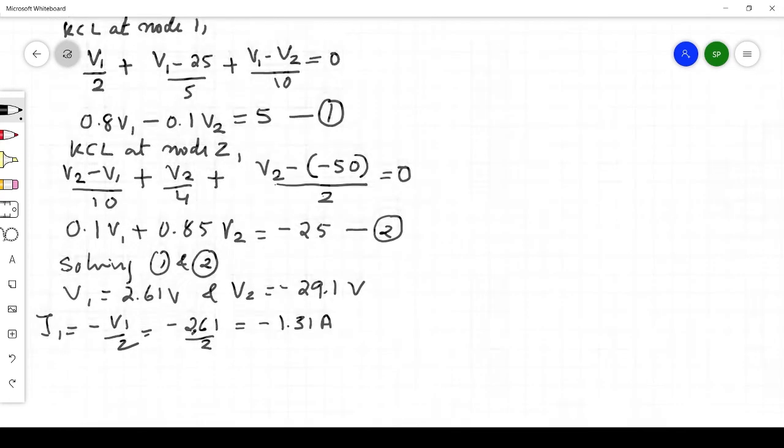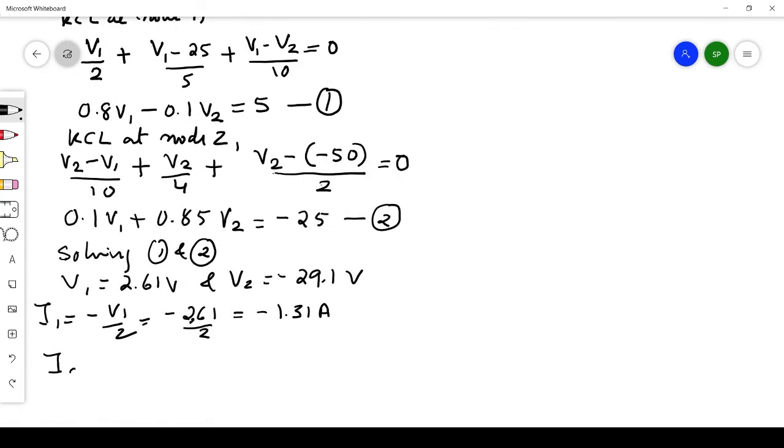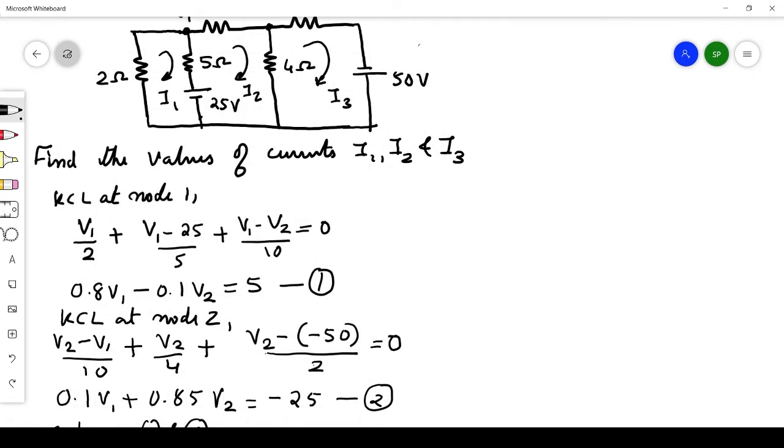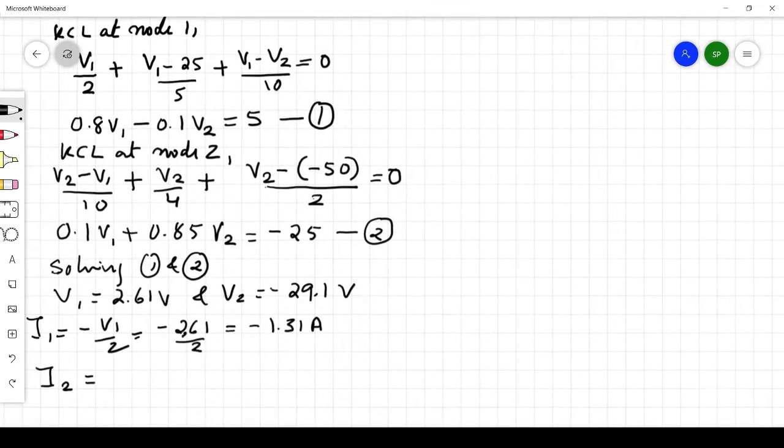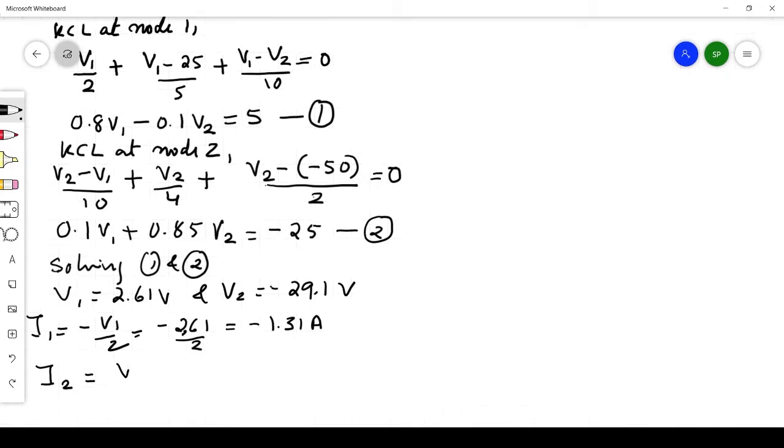Then I2 is the current through this mesh. We can just write it as V1 minus V2 upon 10. The value will be 3.17 amperes.